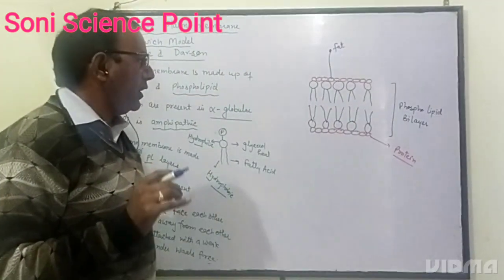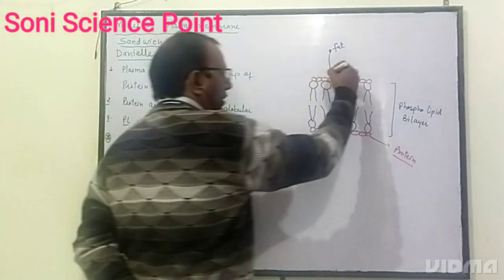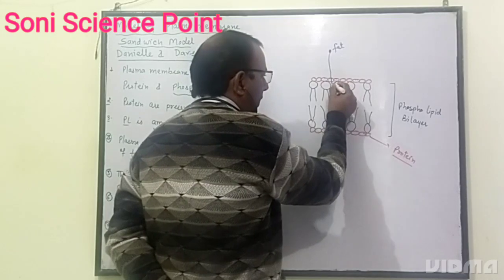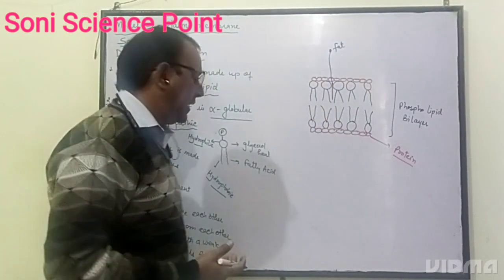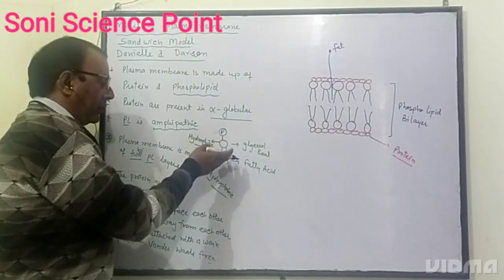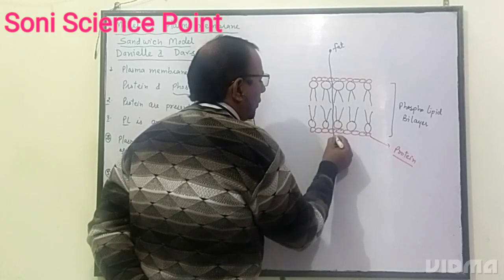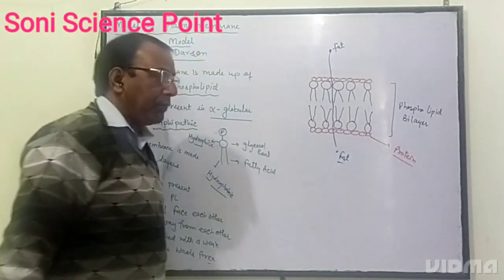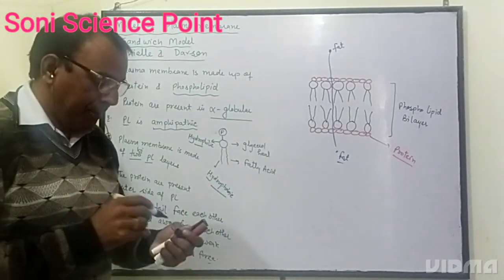Protein doesn't create any problem for substances to pass through, so they pass smoothly. The head is hydrophilic, so no reaction takes place, and the tail is fatty acid, so there is no problem and the fat molecules pass through the plasma membrane. It follows the properties of the plasma membrane.